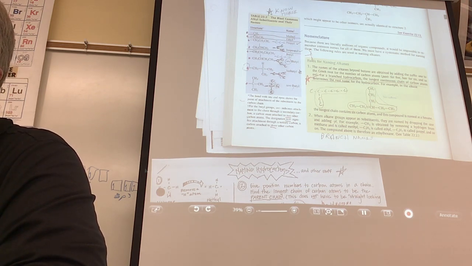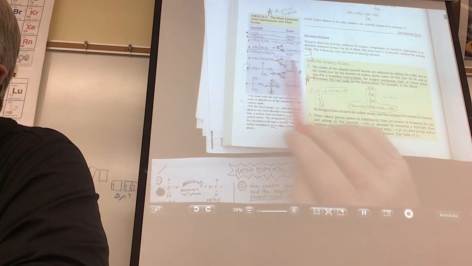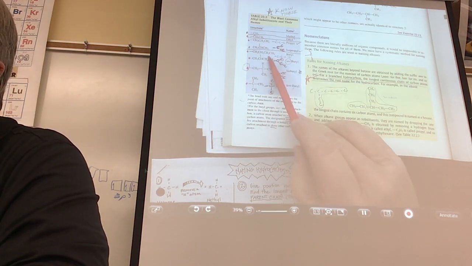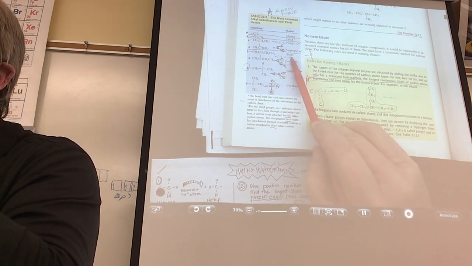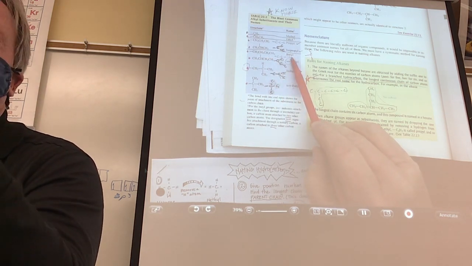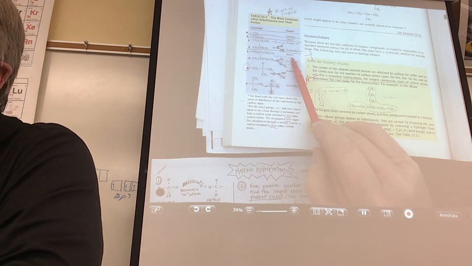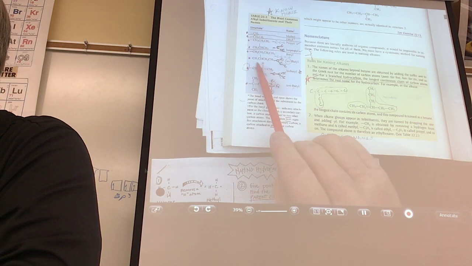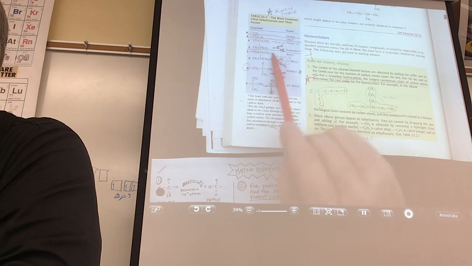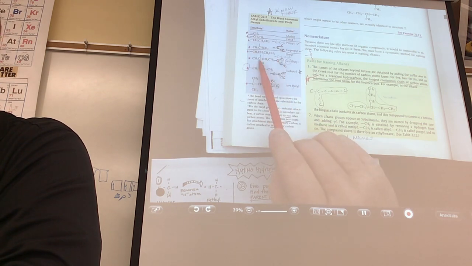Now, butyl. How many ways can you make a butyl branch? 4 in a row. What are you going to call that? Butyl. So if it's 4 in a row, it's called a butyl branch. But what if you attach not to the first carbon, but to the second carbon of those 4 in a row?